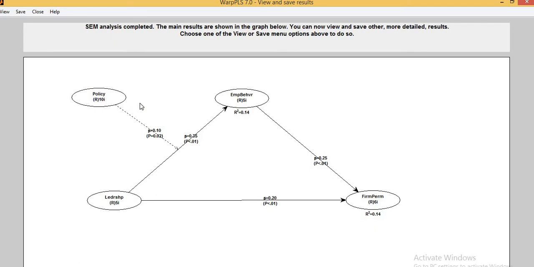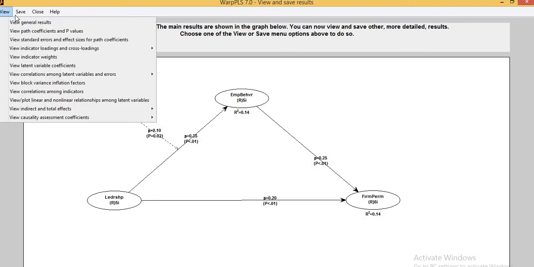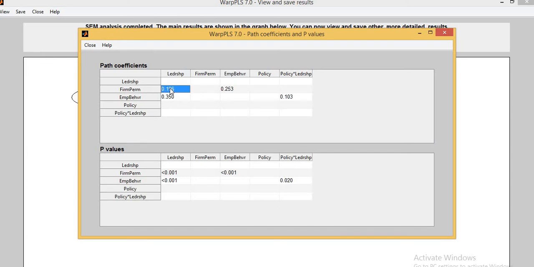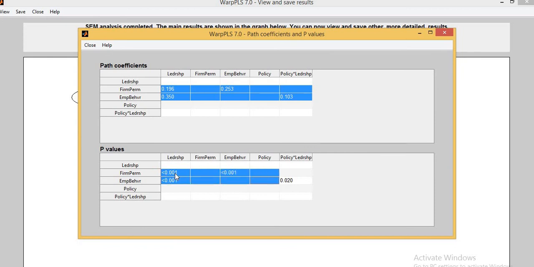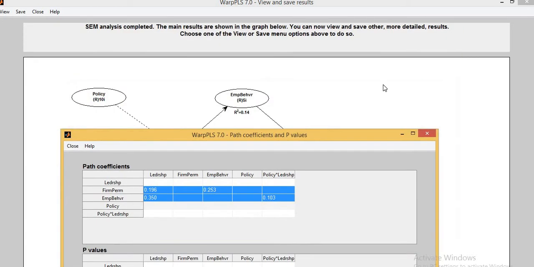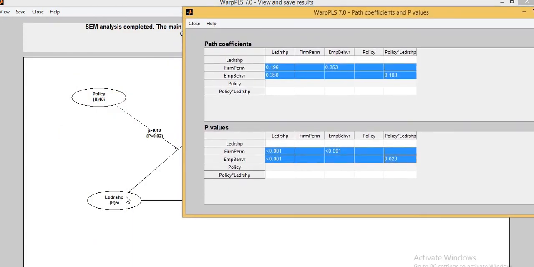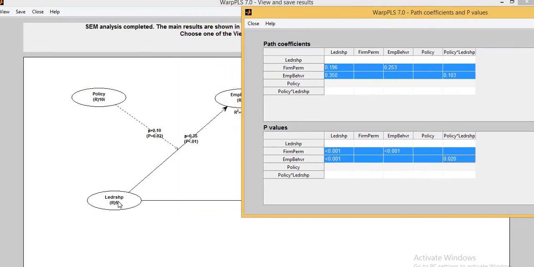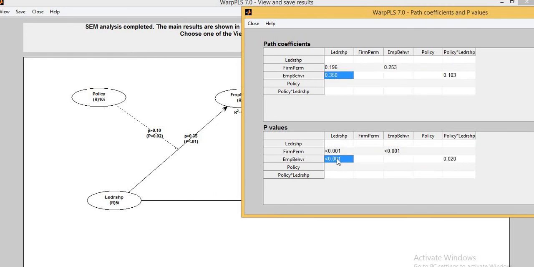So based upon this structure, we can see what the path coefficients are. These are the beta values, and these are the p values. All these hypotheses, that is, a direct relationship. Look here. The first variable is leadership, the impact of leadership on employee behavior. This is leadership and this is employee behavior, and this p value is significant.